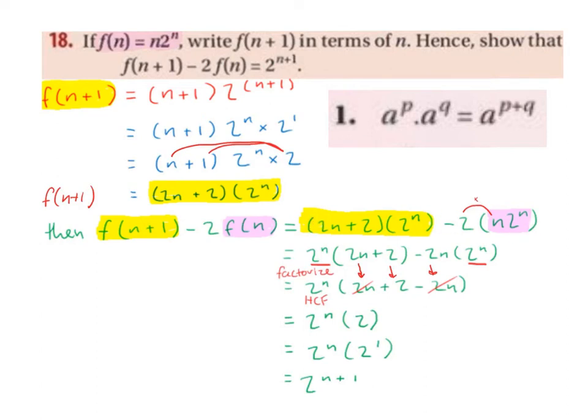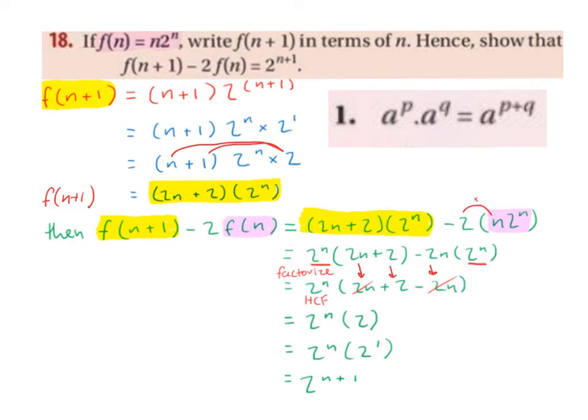Now, what I would like to do in a later step is try and factorize. So in order to do that, I have to have something common to each term. So this is one of my terms, 2n plus 2 times 2 to the power of n. And then minus 2 times n 2 to the power of n is my other term.